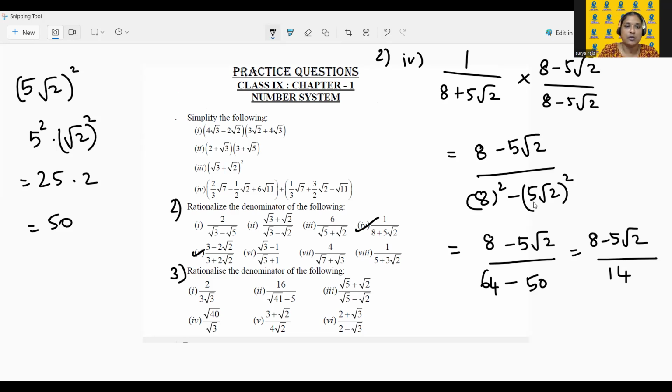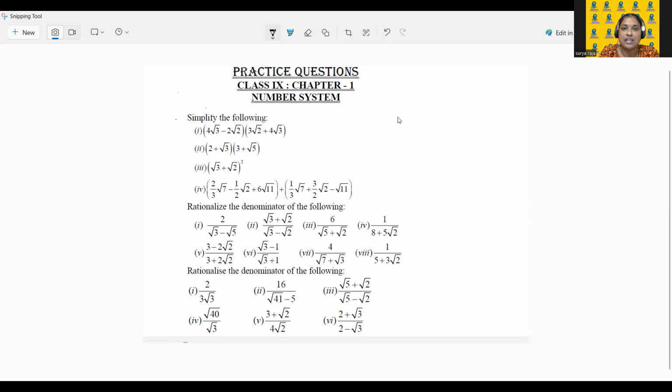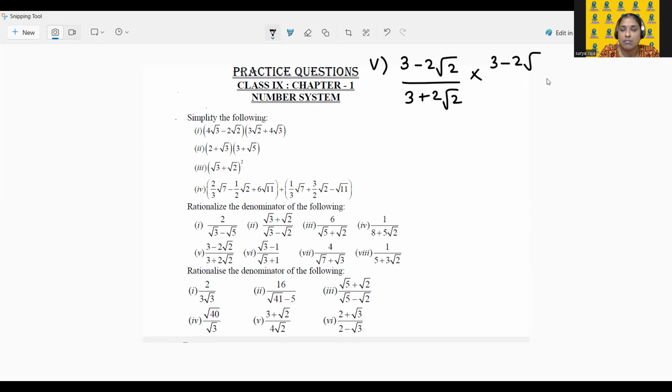understand this. Okay, quickly, let me do number 5 and let me finish this. Okay, number 5. 3 minus 2 root 2 by 3 plus 2 root 2. The same step. Multiplying the denominator by changing the sign above and below, the numerator and denominator.